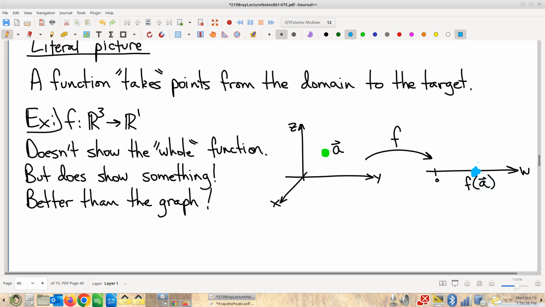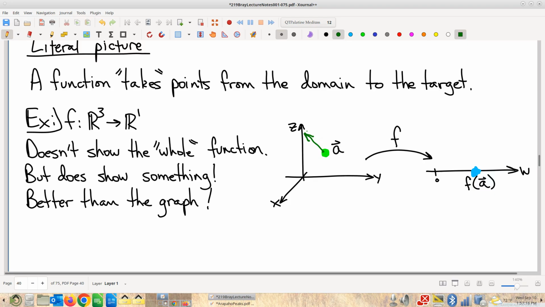What would happen if I started to move in some direction? Well, we would represent movement by way of a vector in the domain, because of course I'm in the domain, I'm moving within the domain, so we get a vector in the domain.